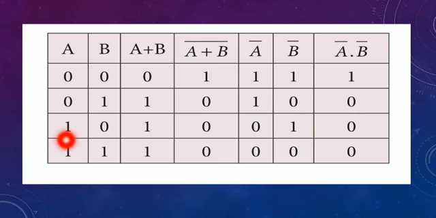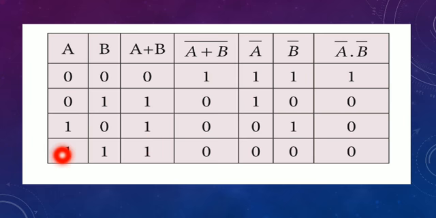The same way if you go to this side, A plus B, so 1 plus 0 is 1. So A plus B the whole bar, we take the inverse, you will get 0, and A bar here is 1 inverse, 0, and B bar is 1. Next, A bar dot B bar, so A bar is there, B bar is there, therefore 0 into 1 is 0.